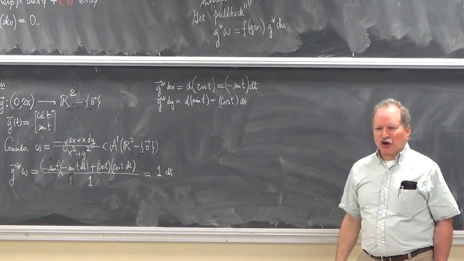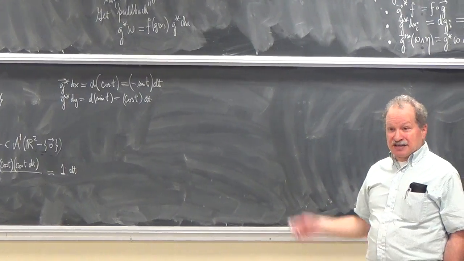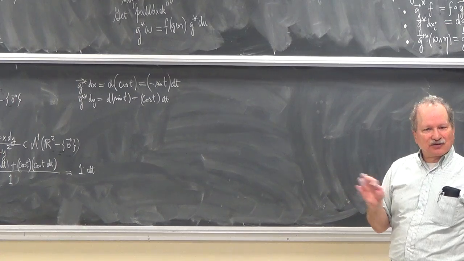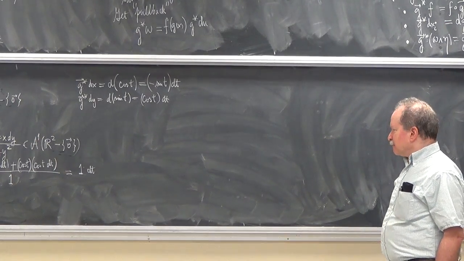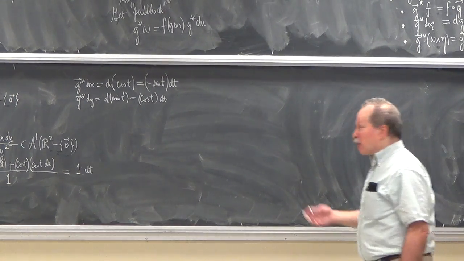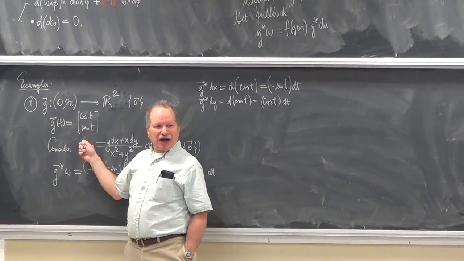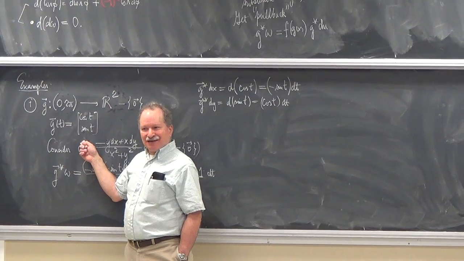So that weird looking one form turns into something totally innocent when I pull it back to the interval that parameterizes the circle. So this would be the analog of a nice change of variables, if you were working on the circle. So where you see where we're headed is, this is a way of thinking about the one manifold, the circle, parametrically.